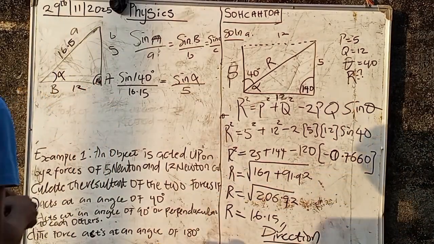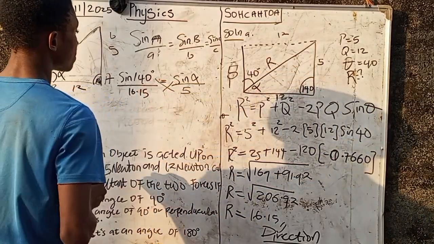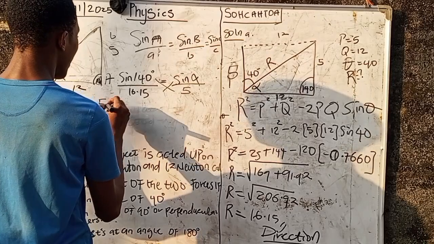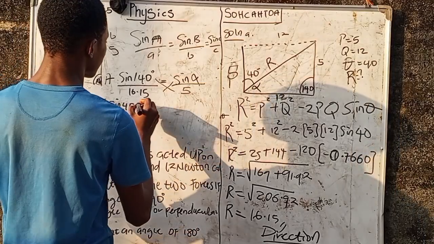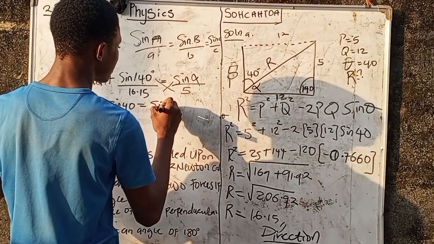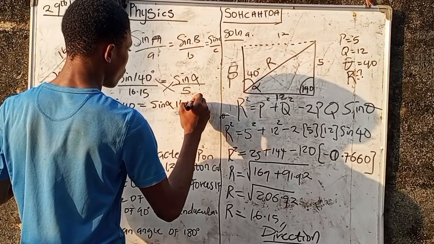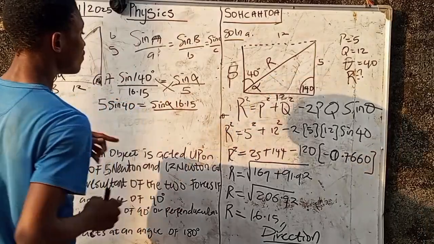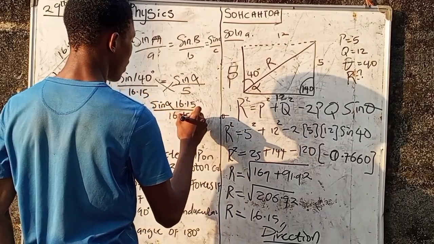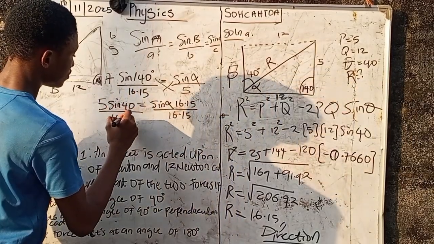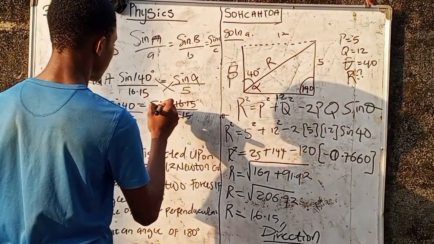We have established an equation. So we cross multiply. So we have 5 sine 40 equals sine alpha times 16.15. We divide by the coefficient of sine alpha, which is 16.15. Here cancels here.